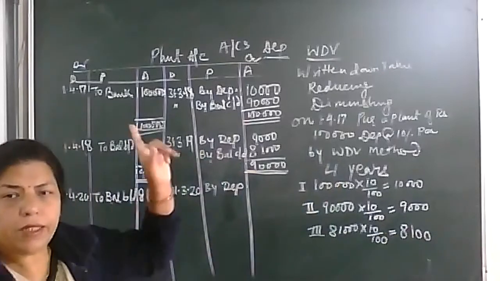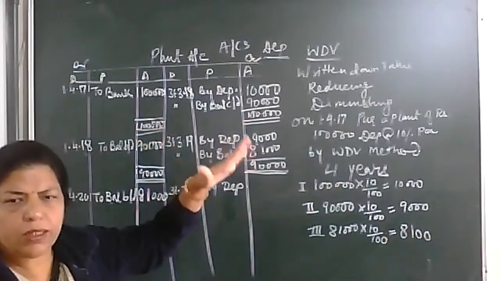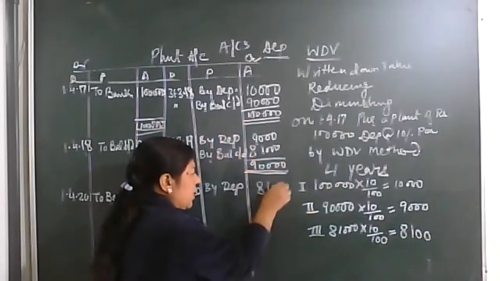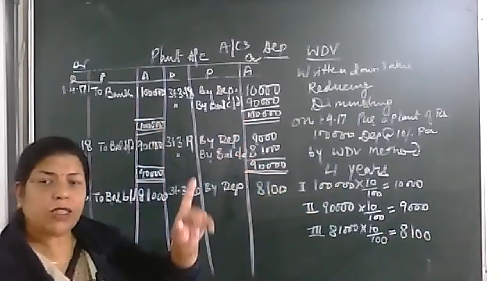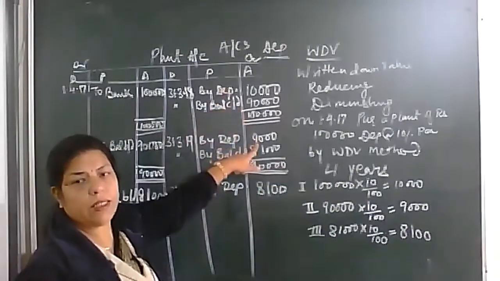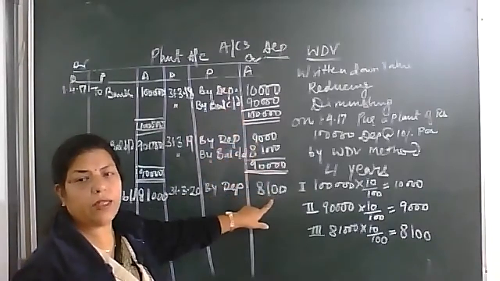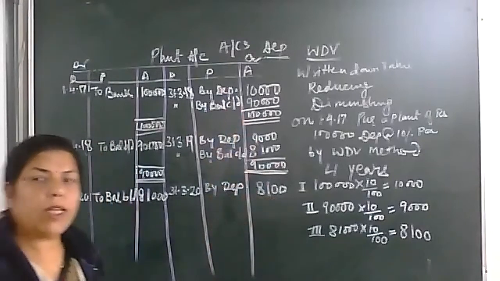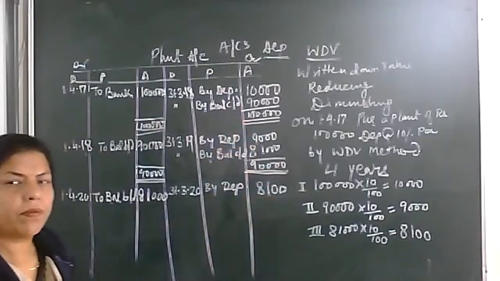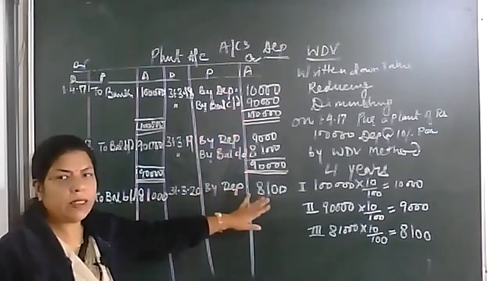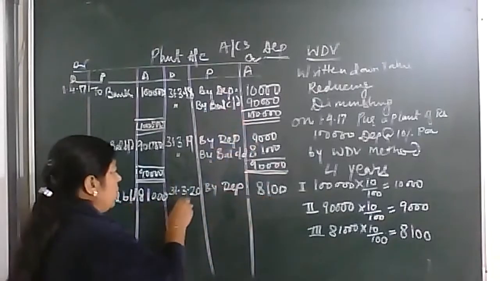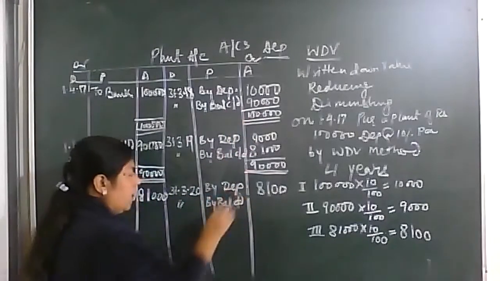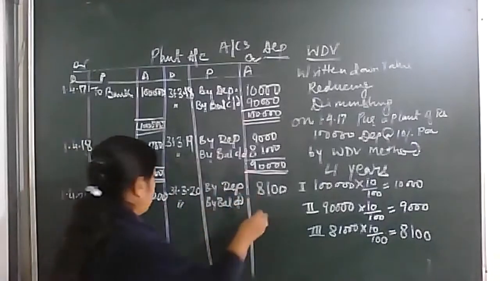In this WDV method, every year depreciation is reducing. This year the depreciation is 8,100. First year 10,000, second year 9,000, third year 8,100. Now what will be the balance? How to calculate the balance? Debit minus credit.